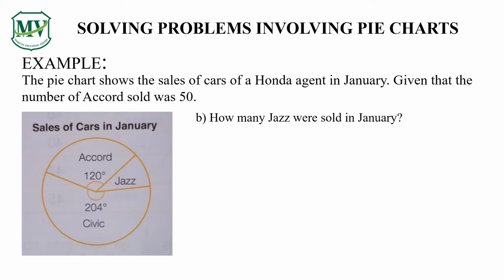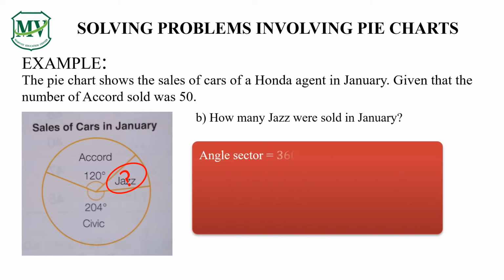Another question. How many Jazz were sold in January? To find the number of Jazz sold in January, we must find first the angle sector for Jazz. To find the angle sector for Jazz, we must subtract the given angle sectors from 360 degrees, and that will give us 36 degrees.